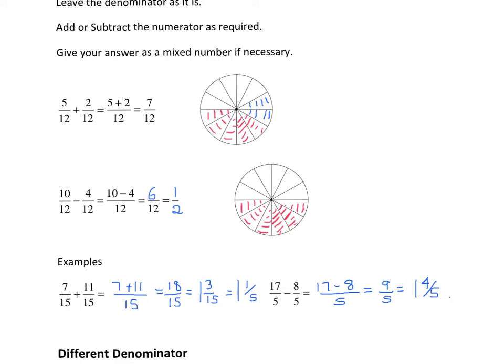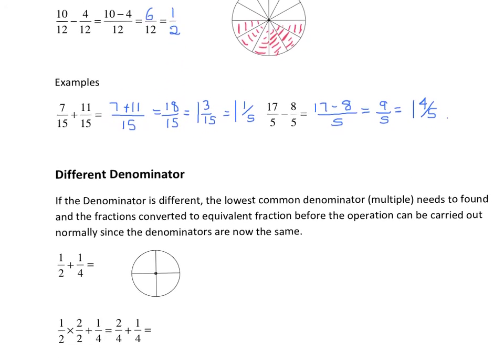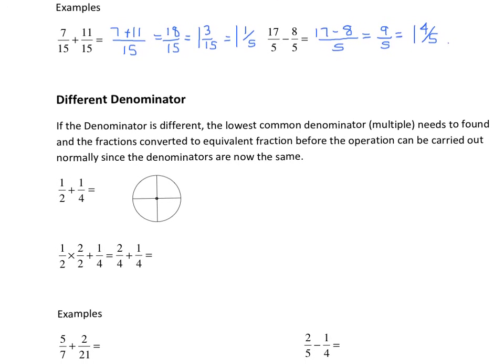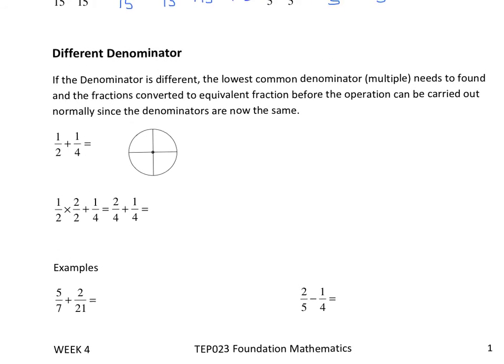What happens if the denominator is different? So for instance, a half plus 1/12.